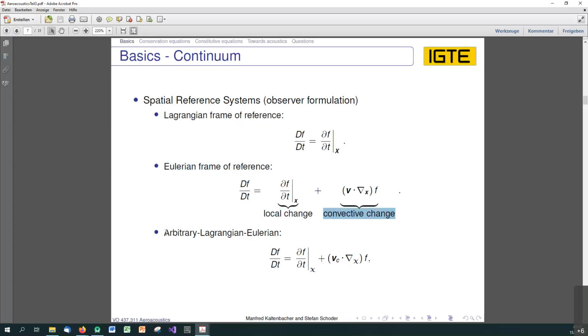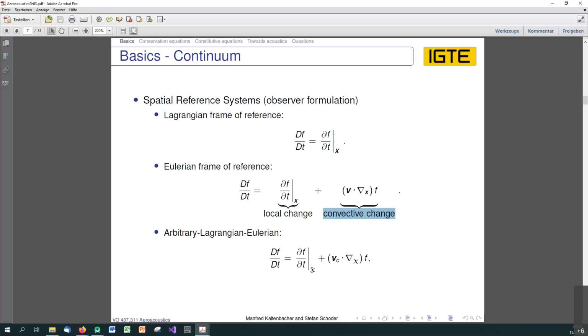Yeah, and funny, in the arbitrary Lagrangian Eulerian frame of reference, the total change is also a local change with respect to the grid movement.